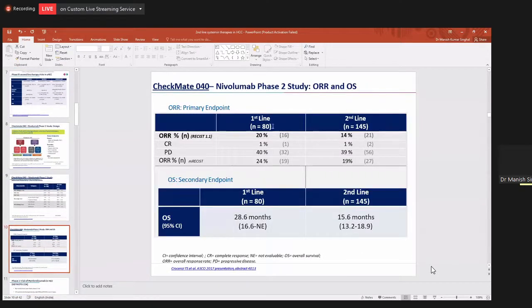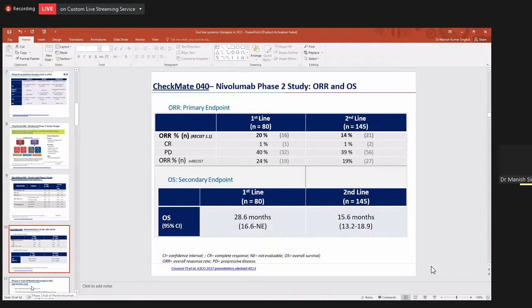The study did show that the overall response rate is around 20%, so the ballpark is about 15 to 20%, with the median overall survival reaching almost 15.6 months in the second line, which is quite heartening to see, because the median overall survival that we have witnessed so far with sorafenib or with lenvatinib is about a year or so. So in second line, about 15.6 months was something which is considered quite reassuring.